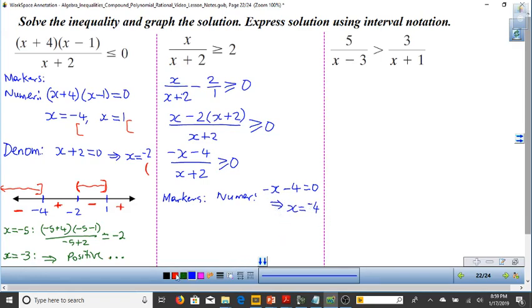And again, that marker is a bracket because it's a greater than or equal to. And then for the denominator, we have x plus 2 equal to 0, which would mean x is equal to negative 2. And then that is going to be parentheses.